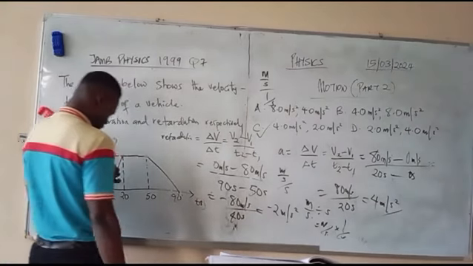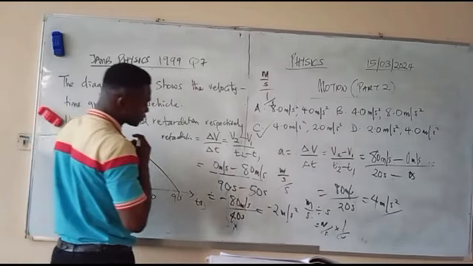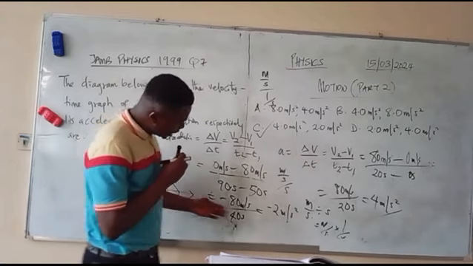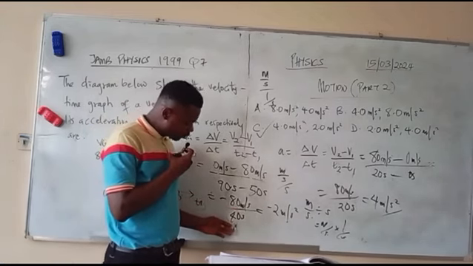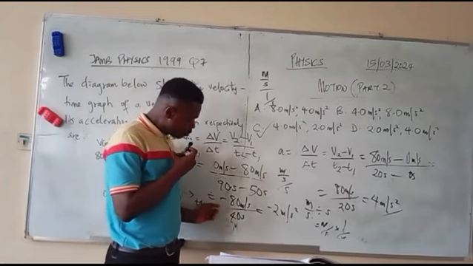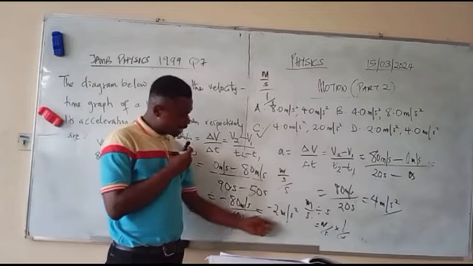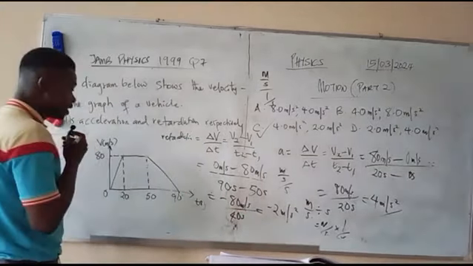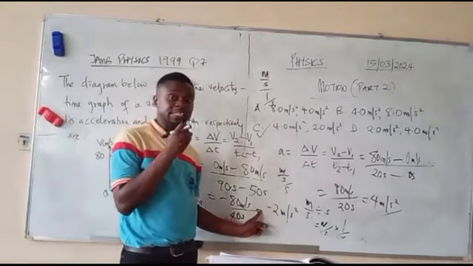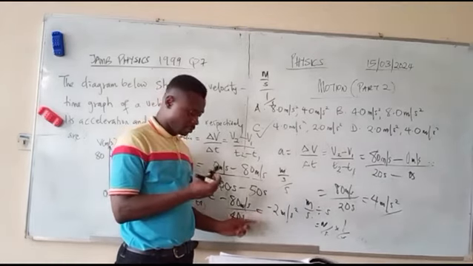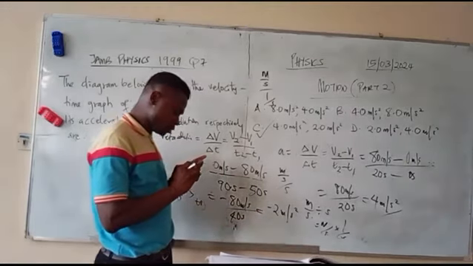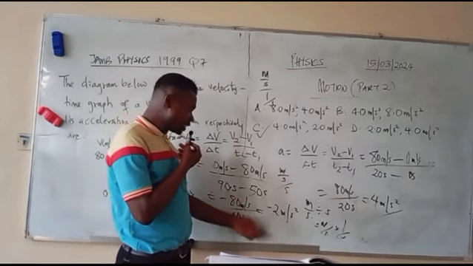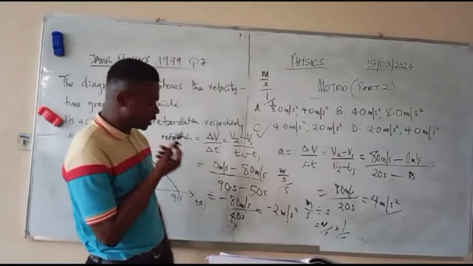So that's what we did, and at the end, we got 80 meters per second divided by 40 seconds, and that gives us minus 2 meters per second squared. The minus indicates retardation. That's all.